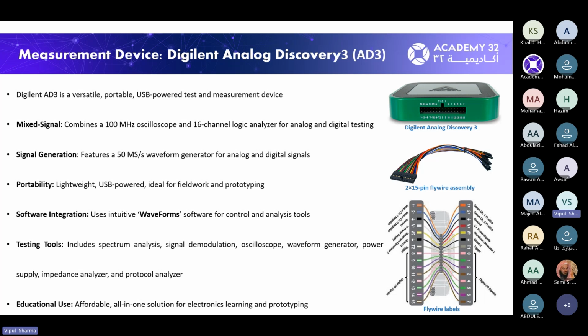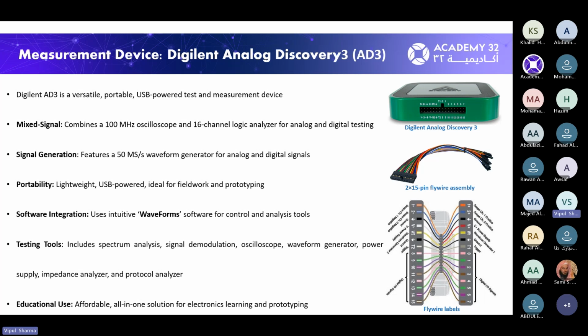It can generate a signal up to 100 megahertz. Anytime you want to give some input to any circuit, you need to generate different kinds of signals, such as sinusoidal signals, and apart from the magnitude and voltage ranges, you also need to decide the frequency at which that circuit will be operating. So this device can generate signals up to 100 megahertz.